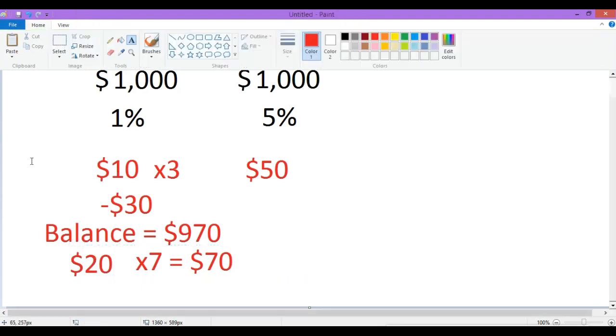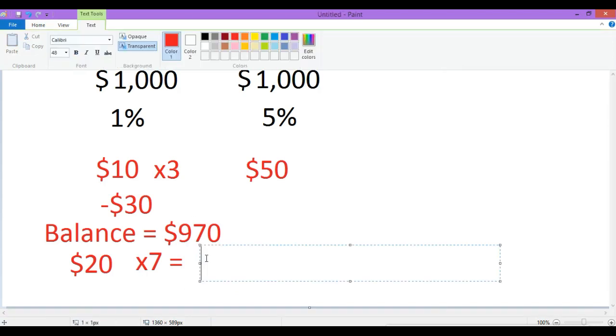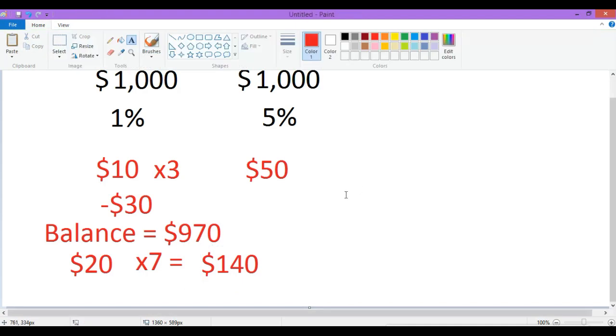Meanwhile, we lost $10 from our first trade here, but now when we are making profit, we've made $20 back, and now we have $20 times 7, which is $140 back in profit. I mean $140. Yes, this is the correct calculation.